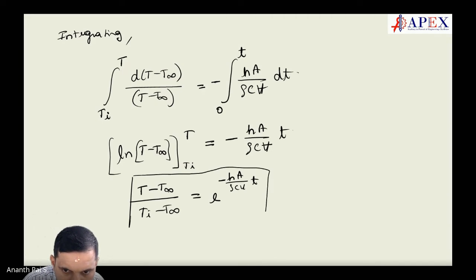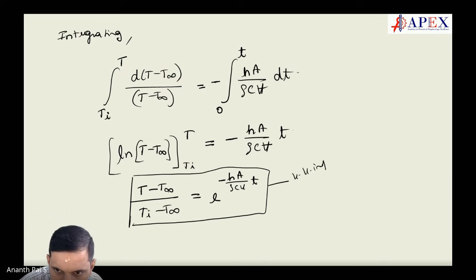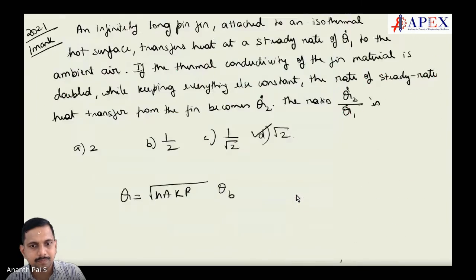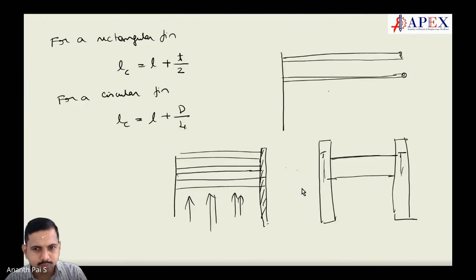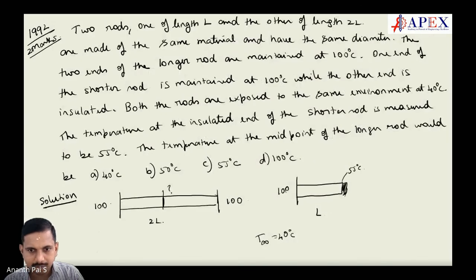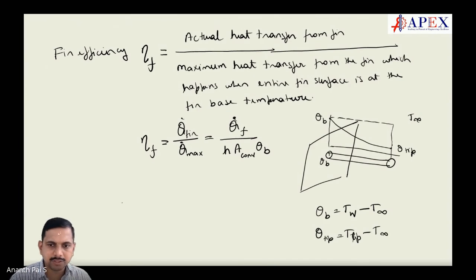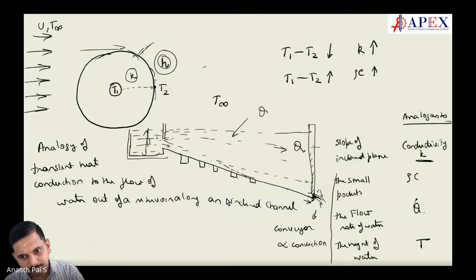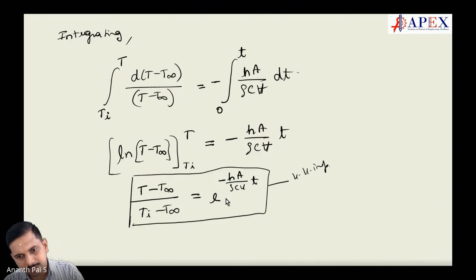Very, very important. What is the number we have given till now? 17, 18, 19. Fin efficiency we will give as 20, and then we will give this as 21.